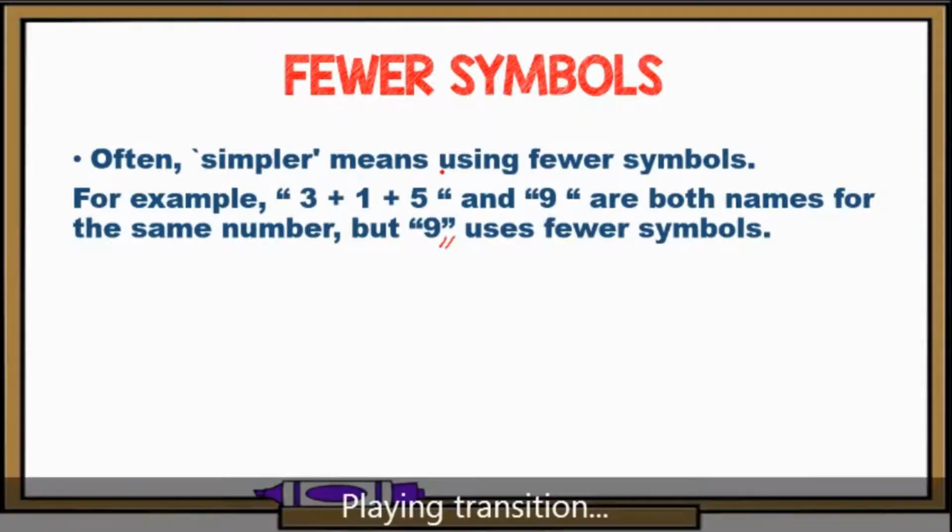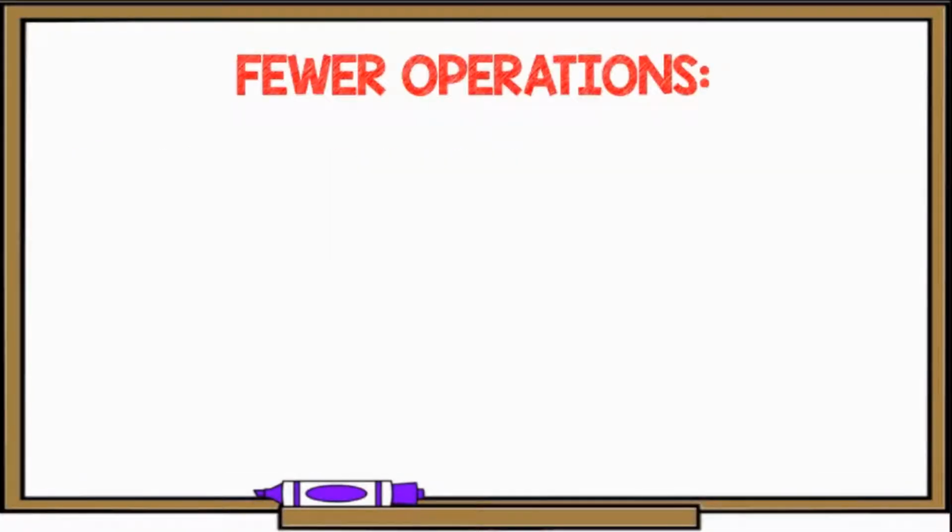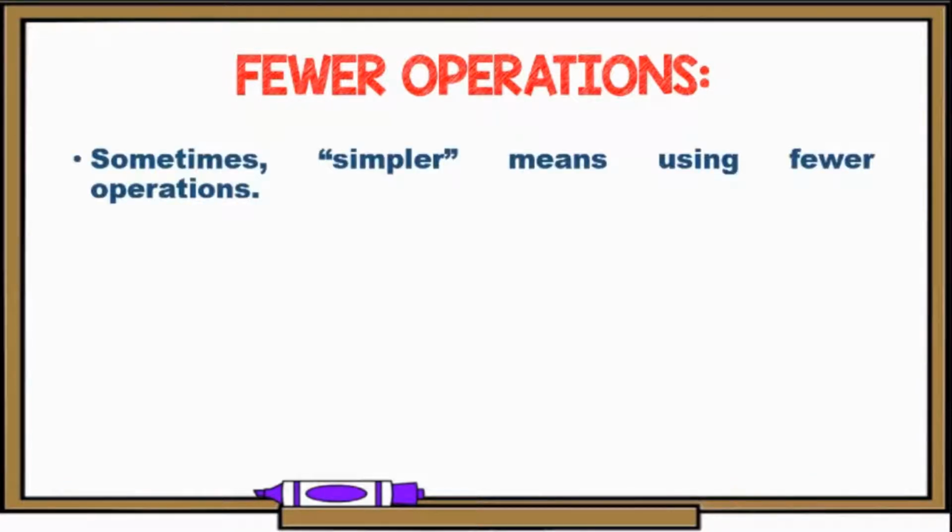Next, it can also mean fewer operations. If you still remember our example from earlier, you only have 1/2 cup but you need 3 cups of flour for your recipe. Sometimes, simpler means using fewer operations.